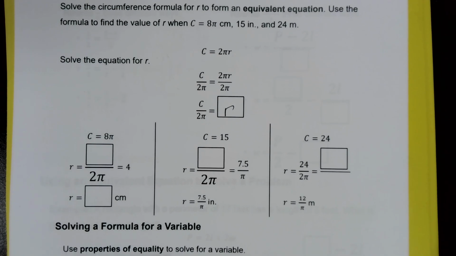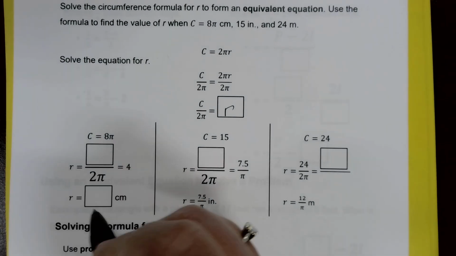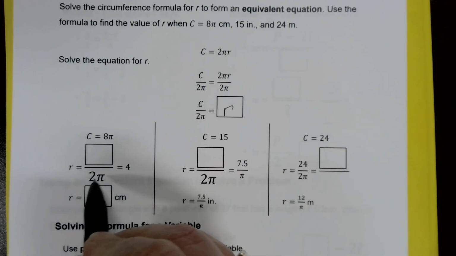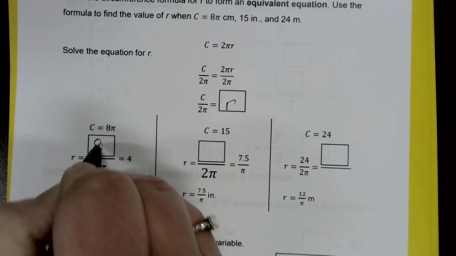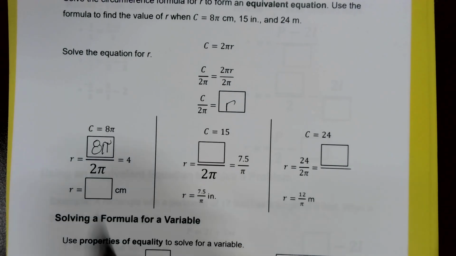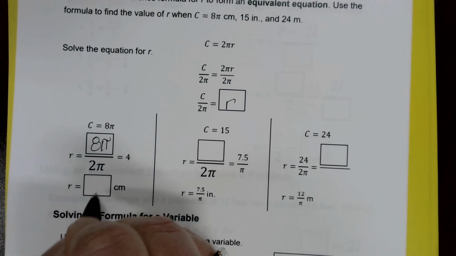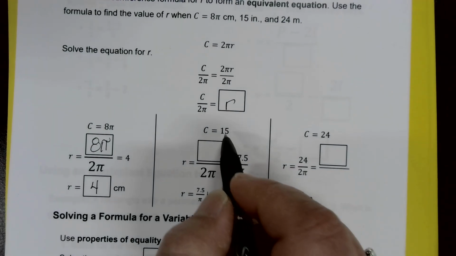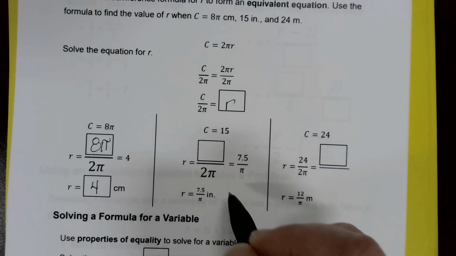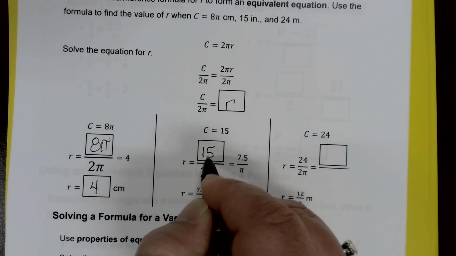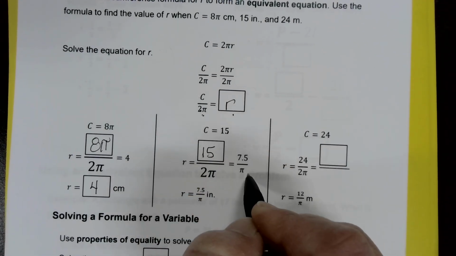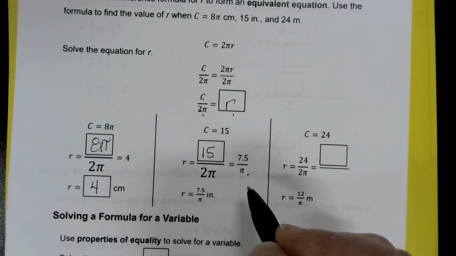Once I've got that rewritten, it's pretty simple at that point to know how to work these problems. In this example, if the circumference is 8 pi, well, what's 8 pi divided by 2 pi? It is 4, which means the radius is 4. Solving for the radius here. If I know that the circumference is 15, then 15 divided by 2 pi gives me the radius of 7.5 over pi.